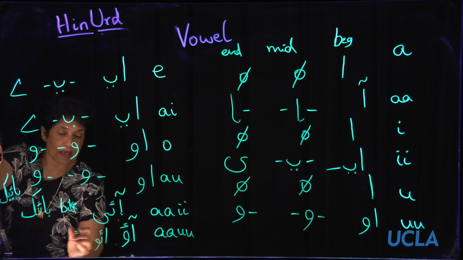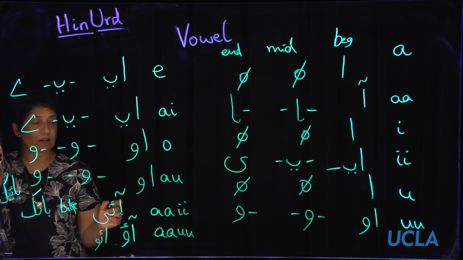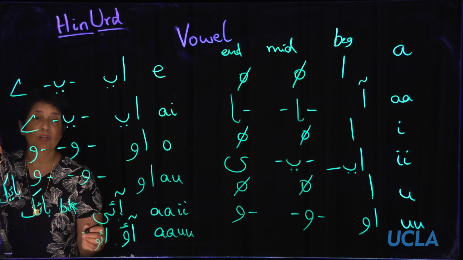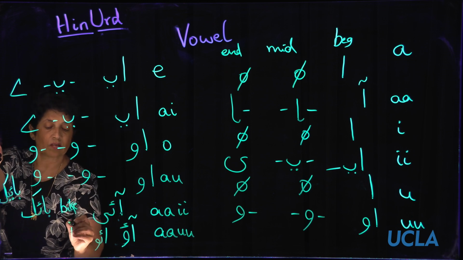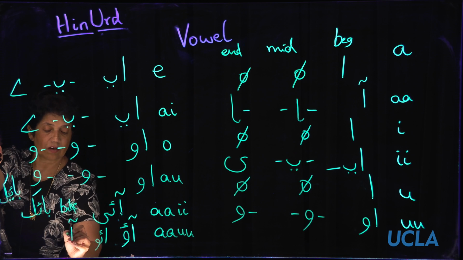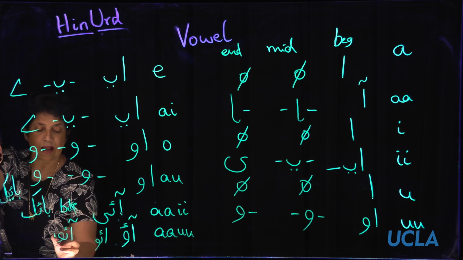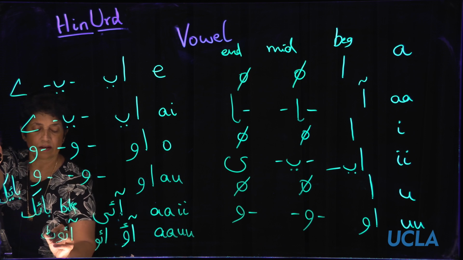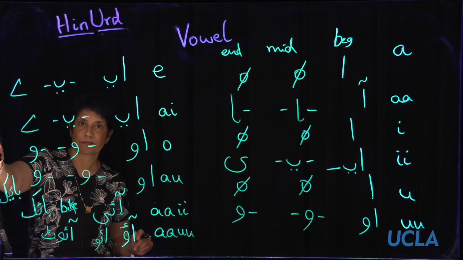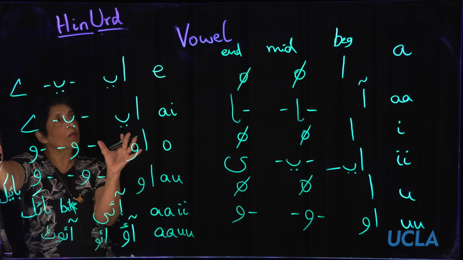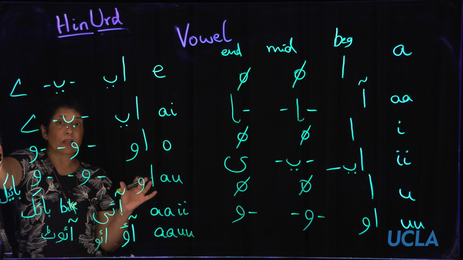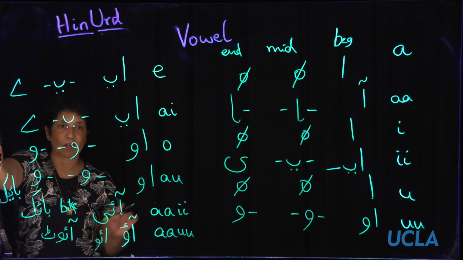And let's try to write something like out. So this is your ah. Here is your hamza. Here is your oo. And here is your t. Out. All right, so that wraps up the representation of vowels.